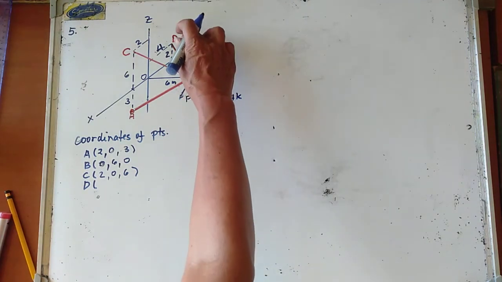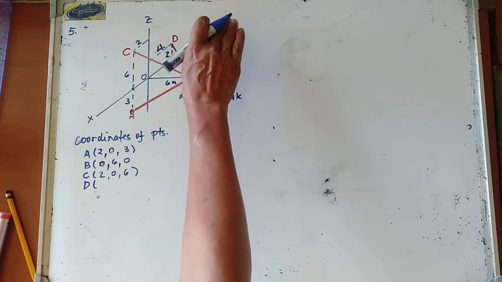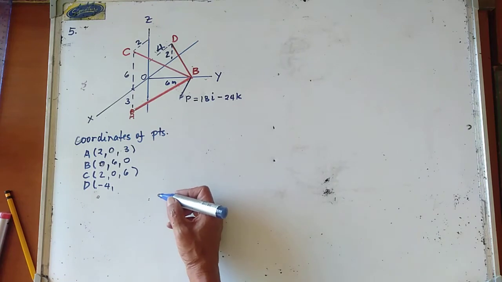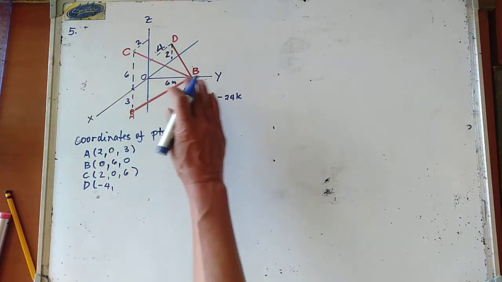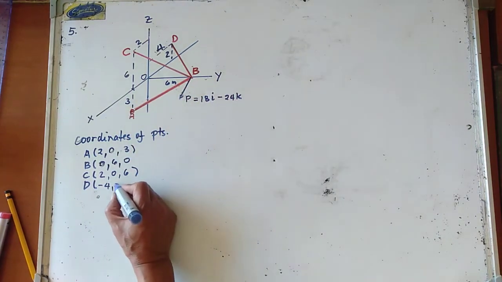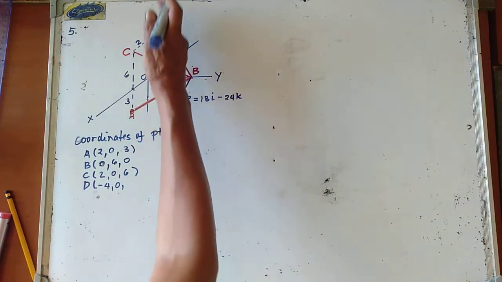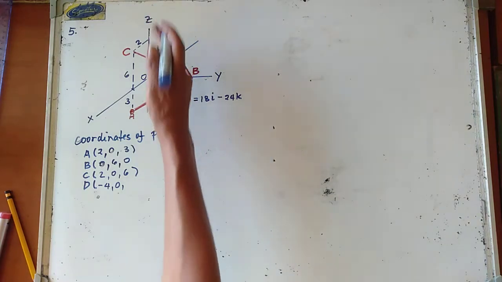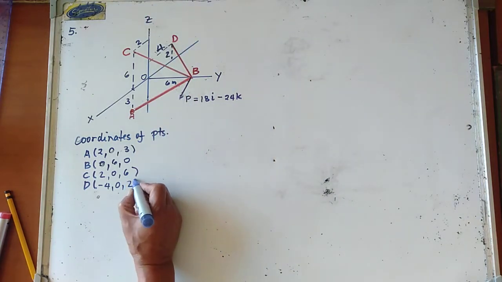And then the coordinates of point D: x is negative 4, in the y-axis it is equal to 0, and in the z-axis it is equal to positive 2.